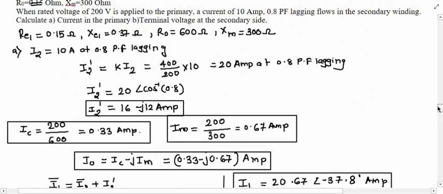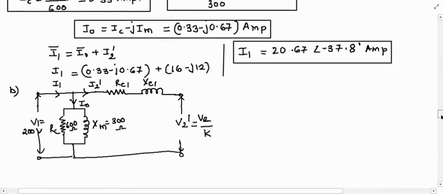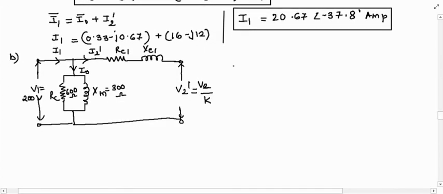What is mentioned in the problem? Terminal voltage at the secondary side means we have to find out V2 dash. So students, I can write down V2 dash equals to V1 minus drop across this, right? Because this branch and this branch both are in parallel.